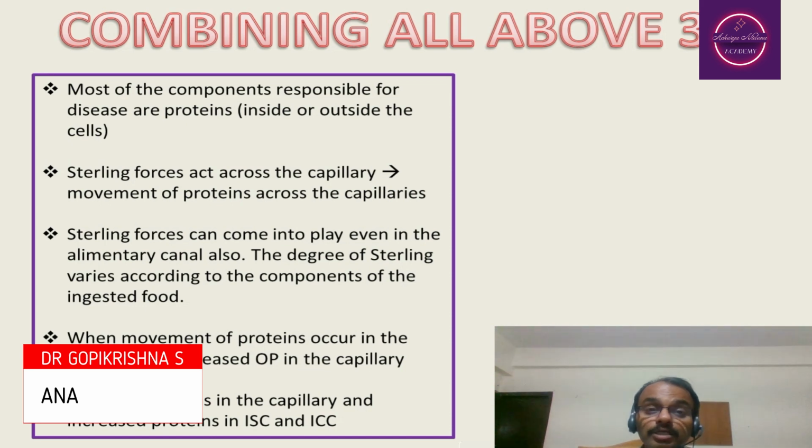Thereby the interstitial compartment is going to get swollen, which is one of the initiating factors for the initiation of pathological events. And reduced proteins in the capillary, as we have discussed, are responsible for the increased proteins in the interstitial compartment as well as the intracellular compartment.